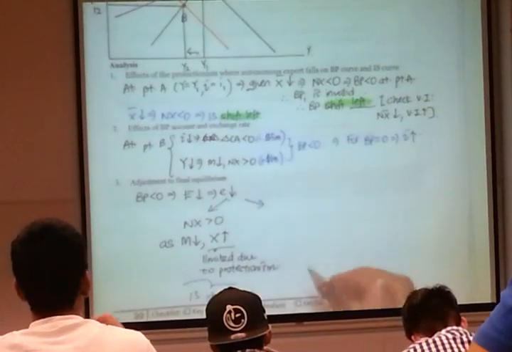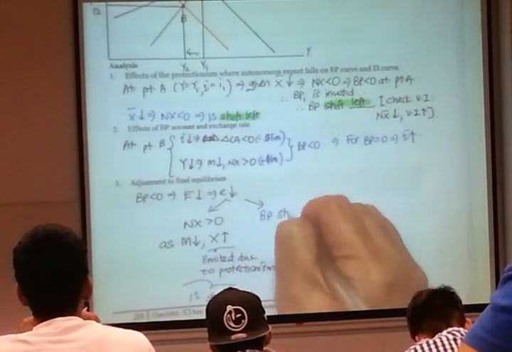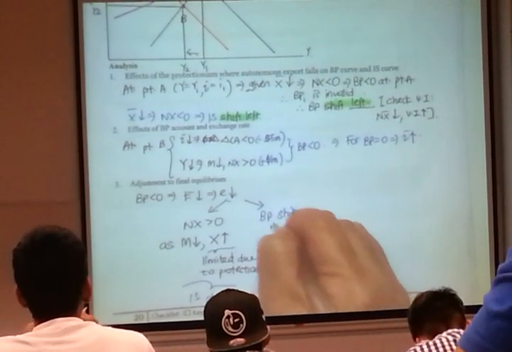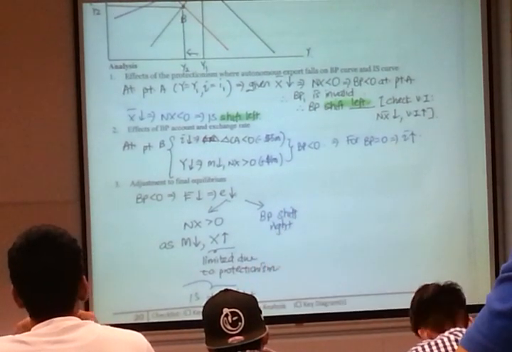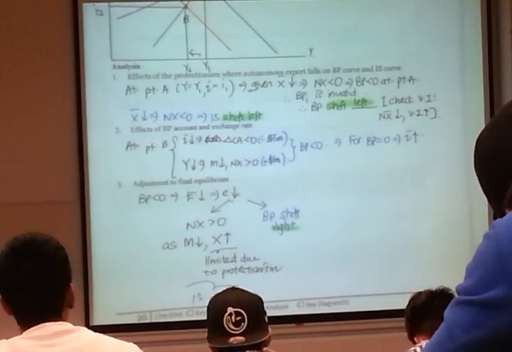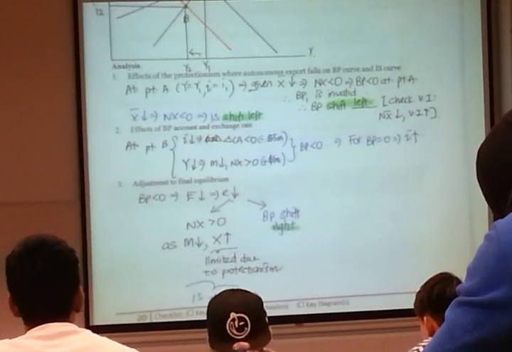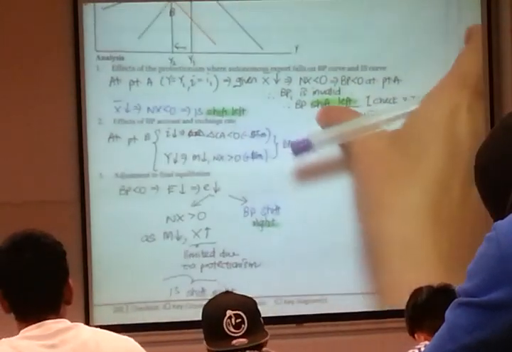Okay, the E goes down, you also know the BP will shift down, equivalent to saying the BP will shift right. One way to double check is to look at where IS shifts. They will shift in the same direction. So go to the diagram.